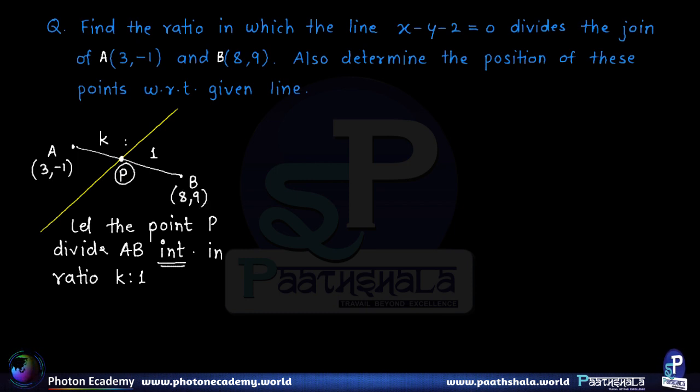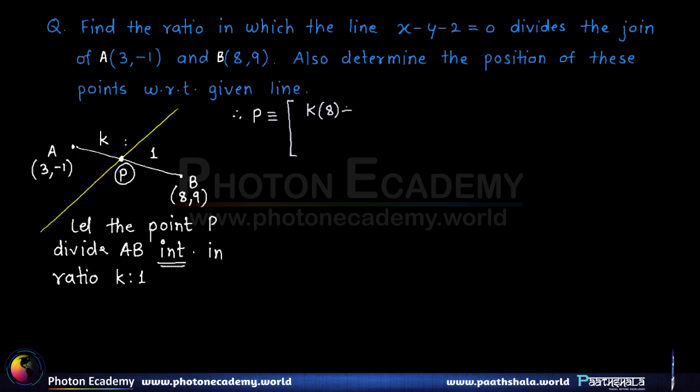Therefore we can write the point P as ((k into 8 plus 1 into 3) upon (k plus 1), (k into 9 minus 1 into minus 1) upon (k plus 1)).